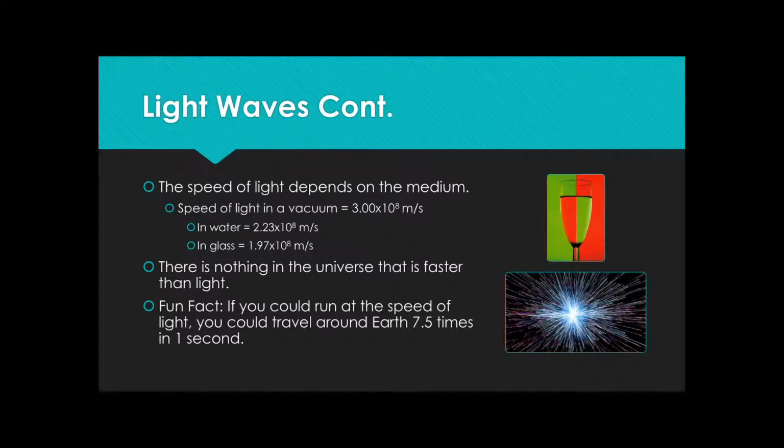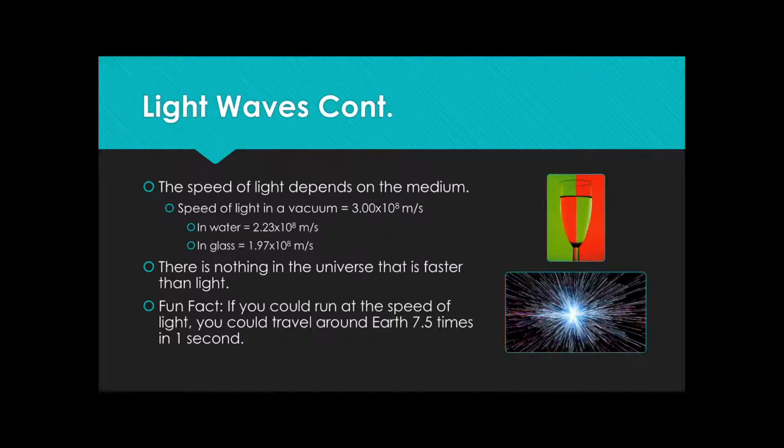So the speed of light depends on the medium. As I said in the mechanical waves lesson, the speed of light in a vacuum, so in space, is 3.00 times 10 to the 8th, or 300 million meters per second. If it goes through water, the speed decreases to 2.23 times 10 to the 8th meters per second, or 223 million.